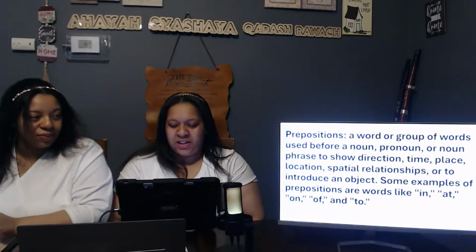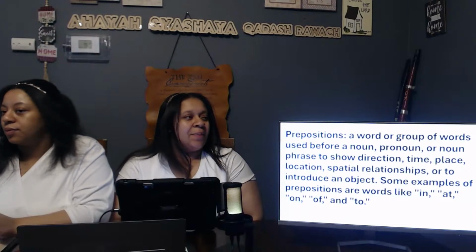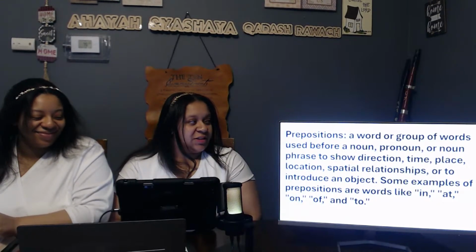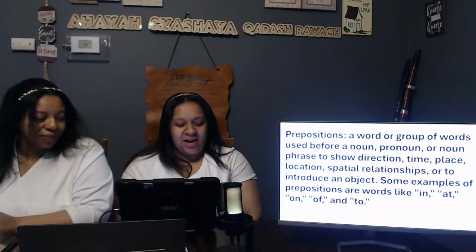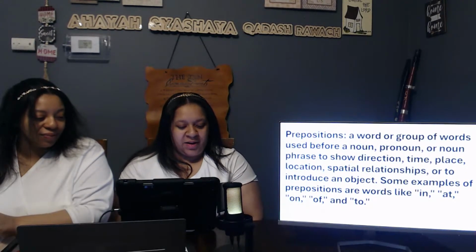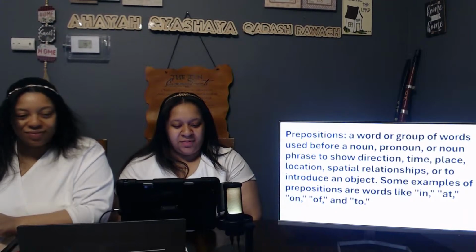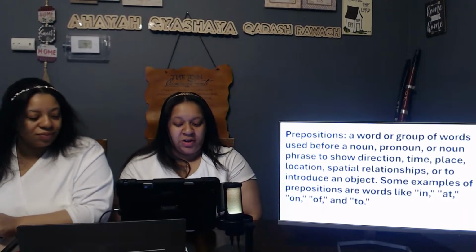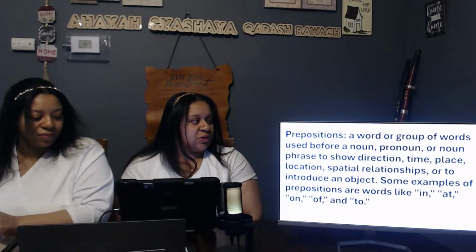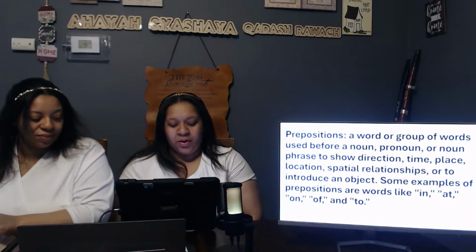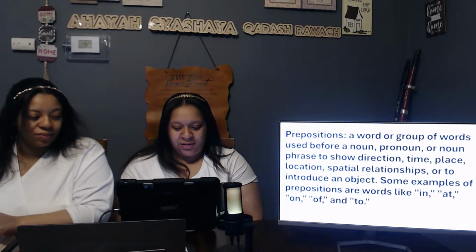Next are prepositions. A preposition is a word or a group of words that's used before a noun or pronoun. It's also used for a noun phrase to show direction, a time or place or location, or where an object is at.